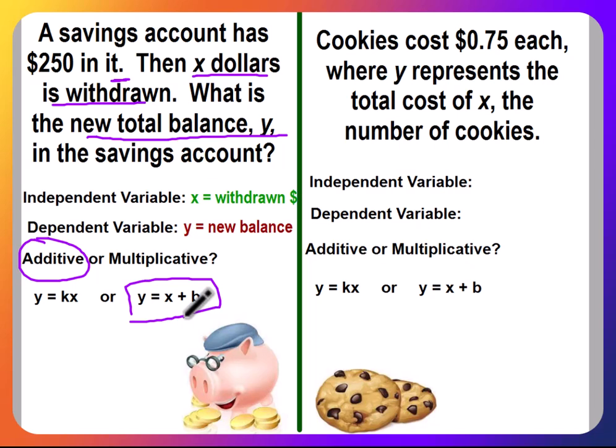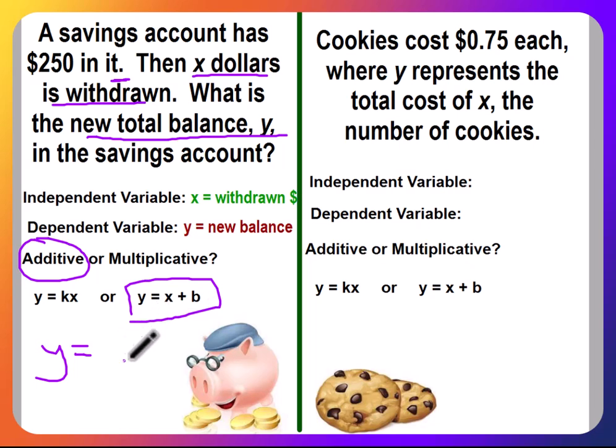So let's do it. Remember, when you write your equation, the y and the x will stay y and x. We don't replace them with any number values. So y is going to equal, now we're going to talk about the x. X is being withdrawn. So that means it is negative money, right?